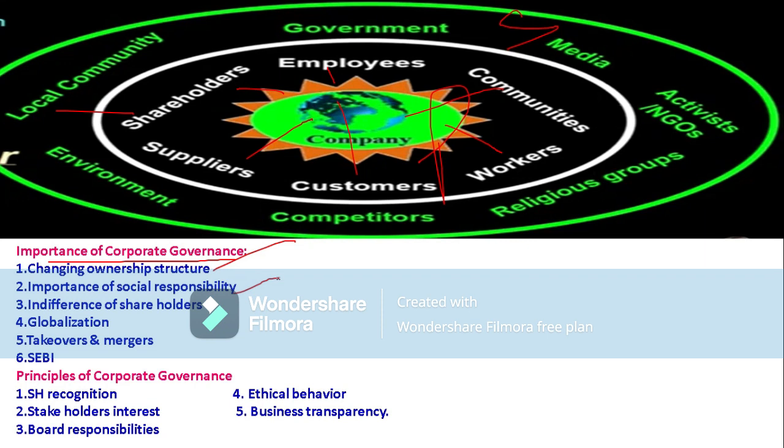They do not go for social responsibility genuinely; they think about profitability and then enter into the social responsibility concept. But here, by adopting corporate governance, they genuinely enter into corporate social responsibility. If corporate governance is implemented in the organization, definitely they will follow corporate social responsibility strictly and genuinely. So for this reason also it is important to follow corporate governance.